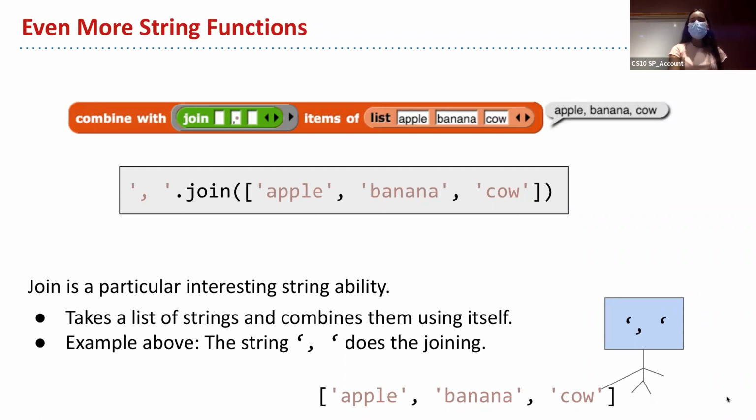I think the lab has a better example of this, so I'm not going to go too much in depth, but basically you can pass in a list and have it join. If you want to join it with commas in between, then you would put a comma, and you can put a space if you want a space in between them, and call dot join on that string. If you call it on an empty string, it'll just join everything together without any spaces. So basically whatever you want in between the items of your list is what you would put over here. Does that kind of make sense?